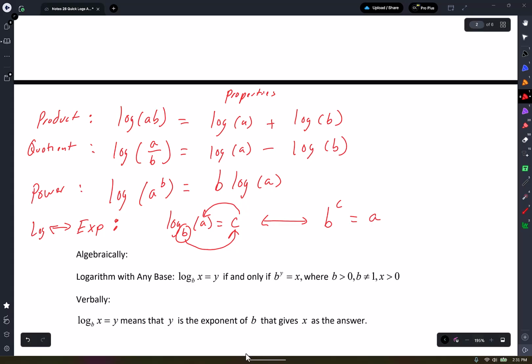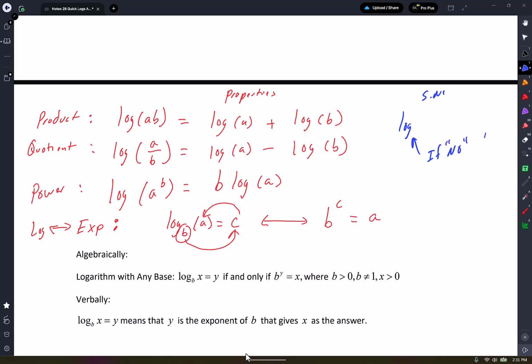Some more side notes. A log without a base, and I put "no" in quotes because it always has a base. If no base is shown, the base is 10. You guys remember that? And a log always has an argument. Always. There's always something; it's log of something.